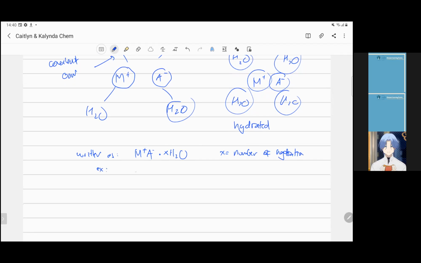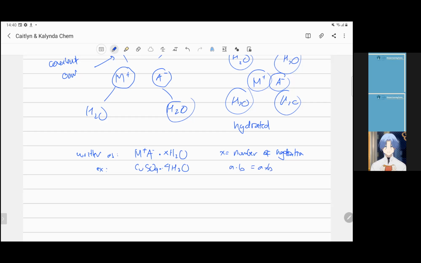Example, one of the most common salt to be hydrated is copper sulfate. This is an example of them here. The dot here doesn't mean like multiplication. A dot is manifestation of covalent bond. So in mathematics, if you have A dot B, it means A times B, right?